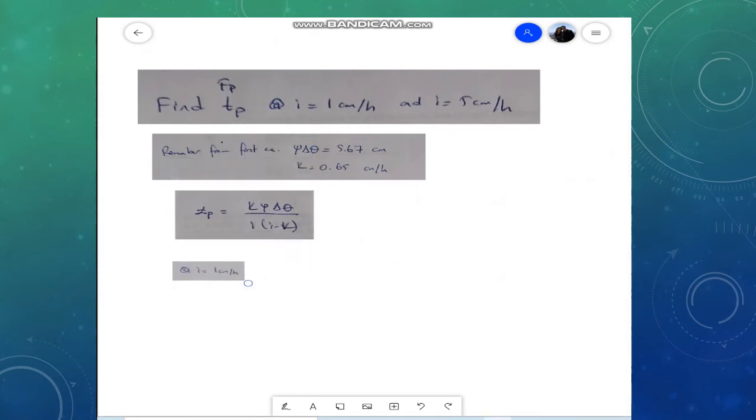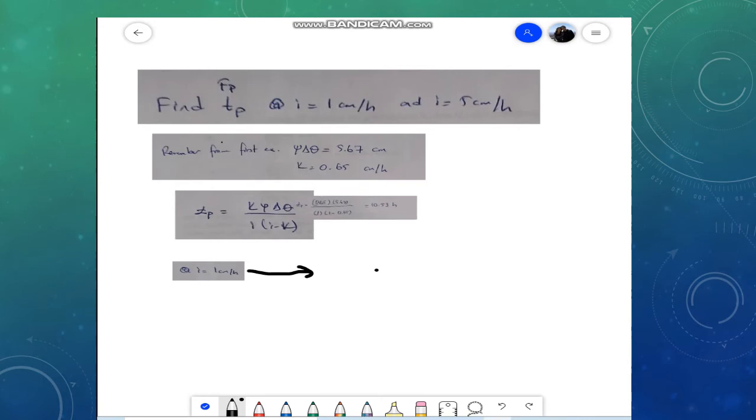Let's put here, these guys, okay, for 1 centimeter per hour. And when we apply 1 centimeter per hour, then we just need to plug all the parameters here.